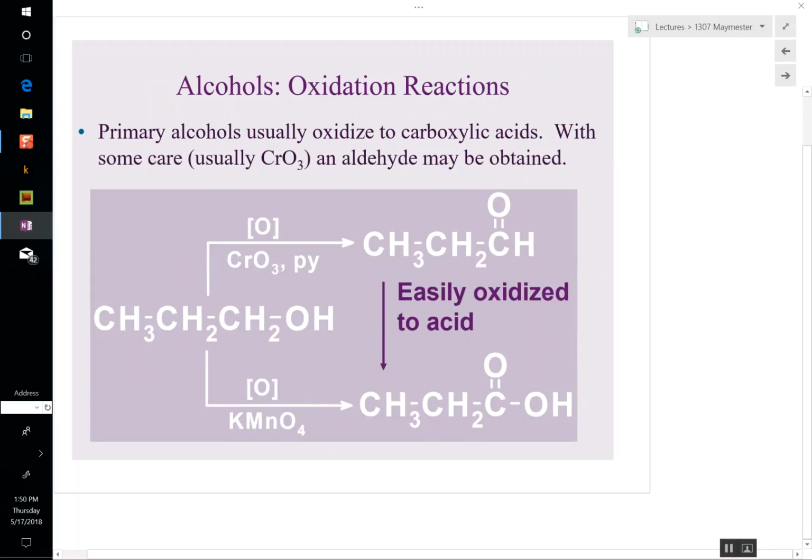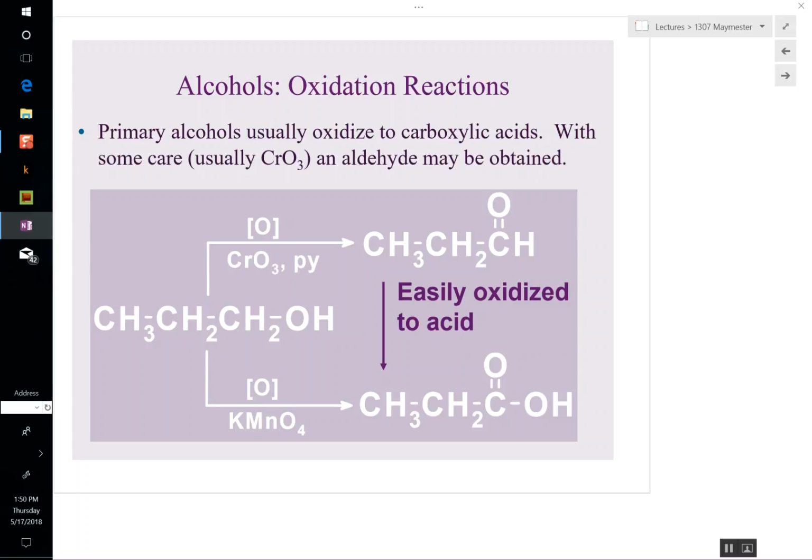Okay, so let's look at a primary alcohol. On this slide here we have 1-propanol. It's a primary alcohol. And this one can actually go through 2 steps. With a mild oxidizing agent, you can oxidize it from a primary alcohol to an aldehyde. This is chapter 13. But you should start getting familiar with that.